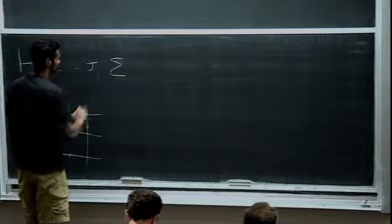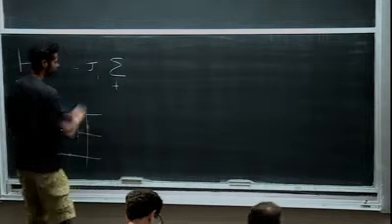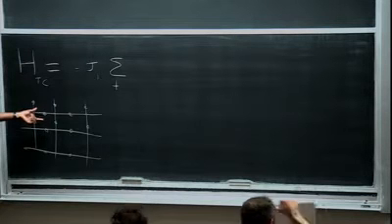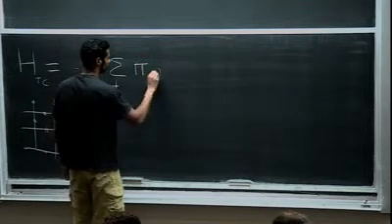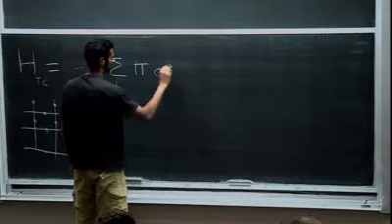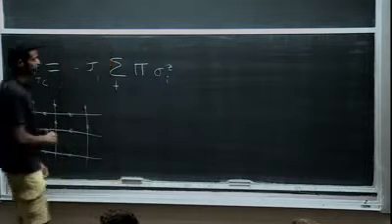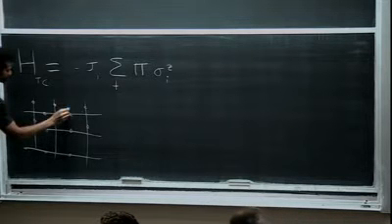And it's a sum of 2 types of terms. First, a sum over all of the vertices of this lattice, of a product of sigma z's around a vertex.